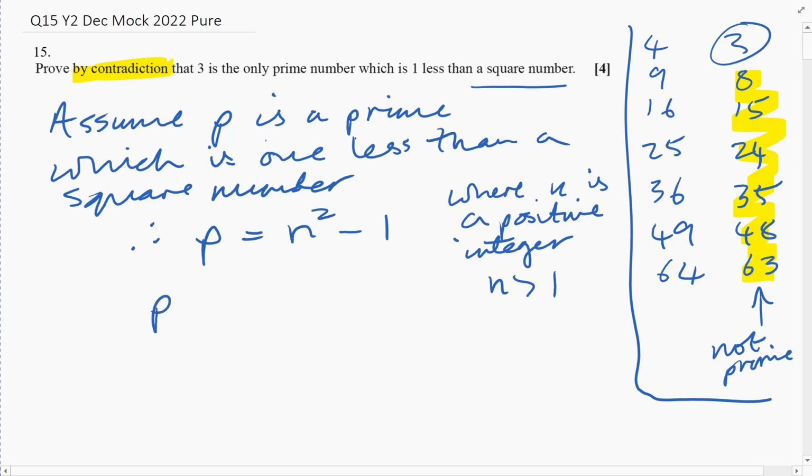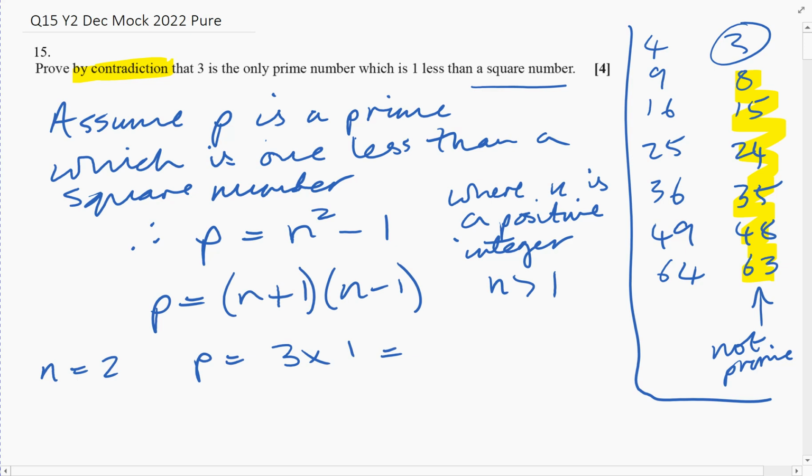The key to this question is factorizing this. Now when n equals 2, we get 3 times 1, and so we get the prime number 3, which is fine. That's not a contradiction.